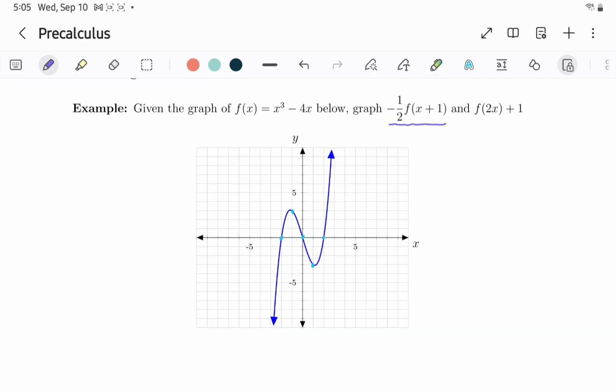So we are basically going to want to take each of these points from the graph of f, reflect them about the x-axis, then shrink their values down by a factor of 1/2, and then translate them all 1 unit to the left. So if we reflect, for instance, this point here at -1, 3 about the x-axis, it's just going to move it to -1, -3.